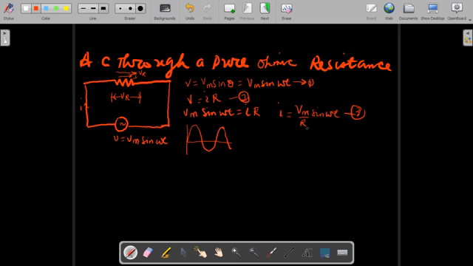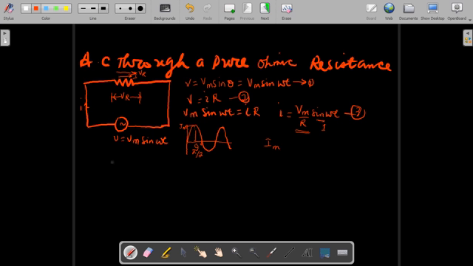Now, it could be seen from here that this current i, in the form of a sinusoid, can only be maximum, that is Im, when sin ωt is equal to unity, which is 1. In other words, when the phase angle is at 90 degrees or pi over 2 radians. That's the only time that the current here can be maximum.